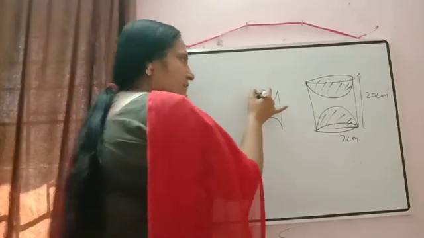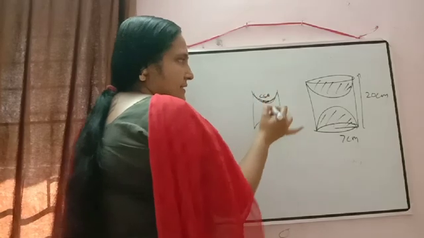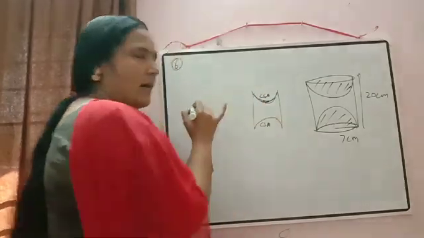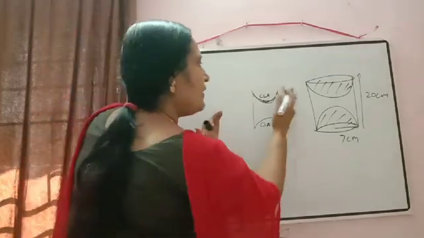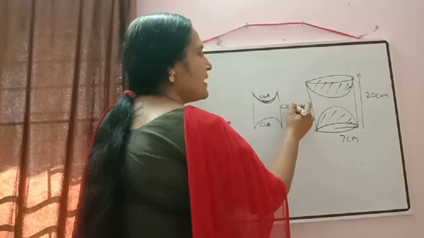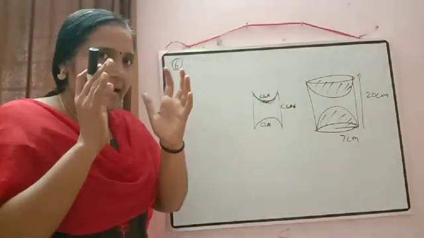Yes, correct. First we will calculate this area, that is curved surface area of hemisphere. This side also curved surface area of hemisphere, and we have to paint this side also, that is curved surface area of cylinder. So I think we are getting that concept.